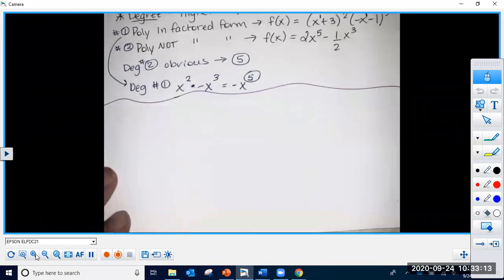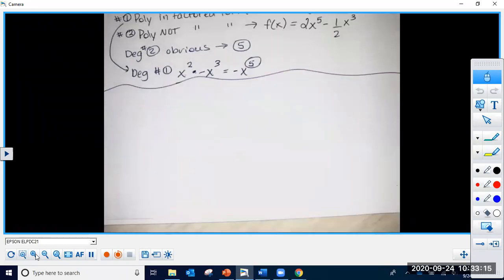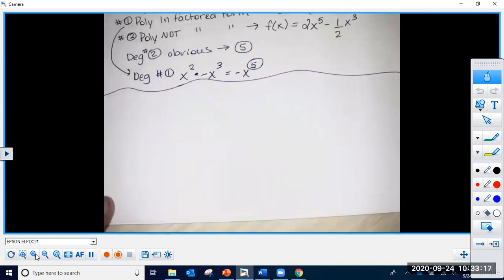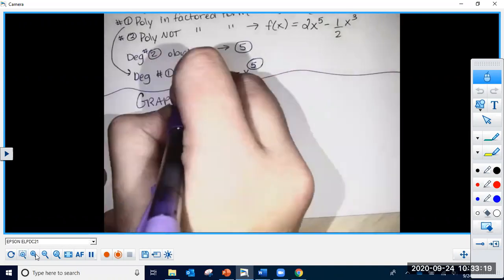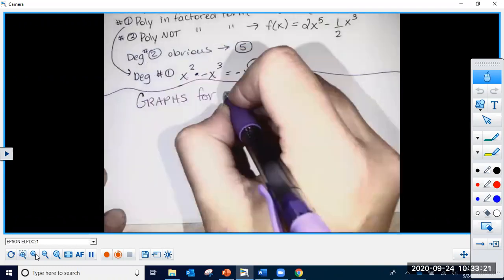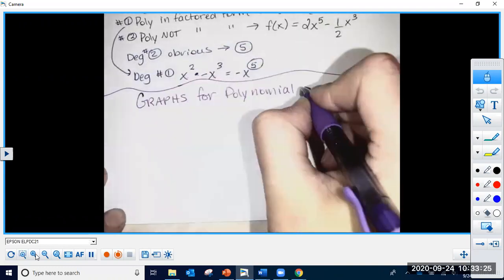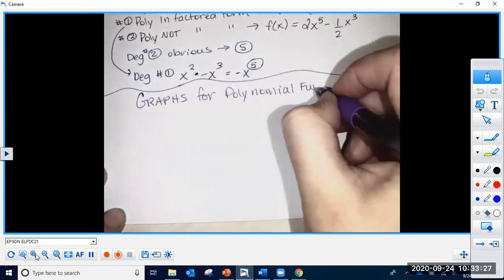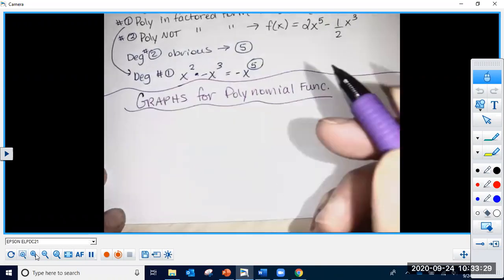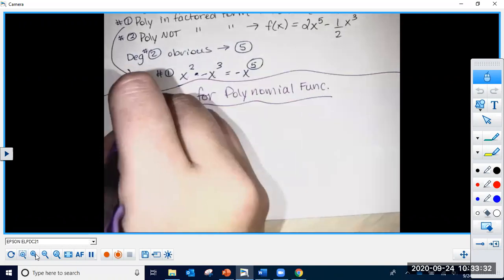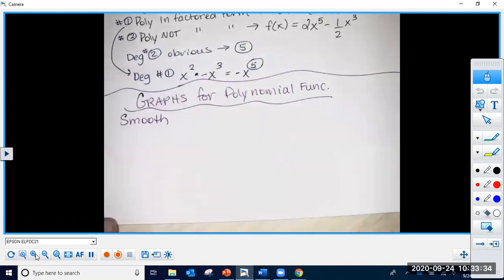Okay, your graphs for polynomial functions, and I said this a minute ago, and you can think about different types of polynomial functions that you've already graphed. They are always smooth, which means you will not have any sharp edges.